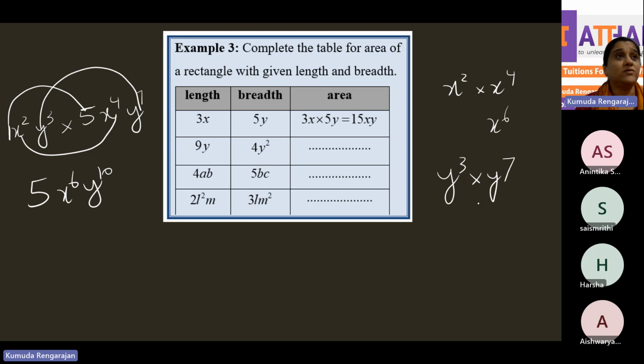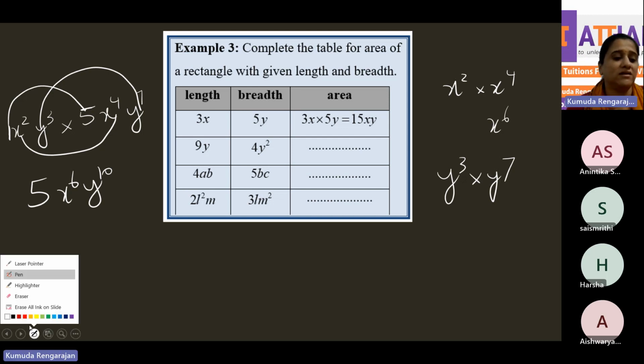No, see, the thing is we need to understand the rule correctly. You process it slowly. You do the addition, subtraction slowly. That's okay. That speed you can improve, but understand the fact correctly. If you feel you're not able to process the answer quickly, that's okay. With practice, you can process it faster. But get the fact correctly. How to multiply, that you should understand clearly.